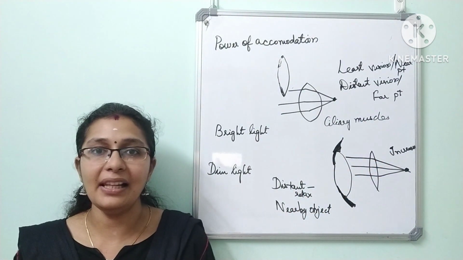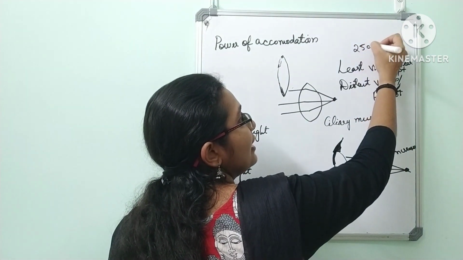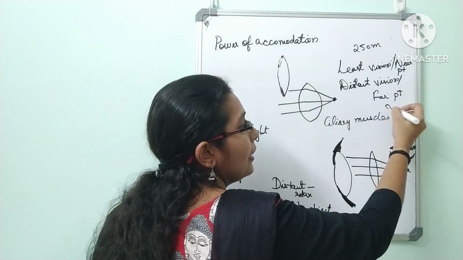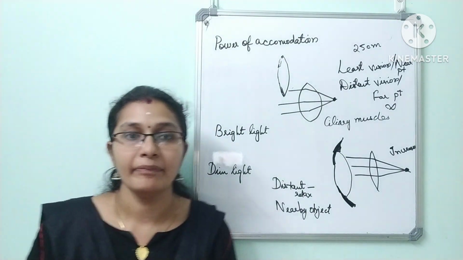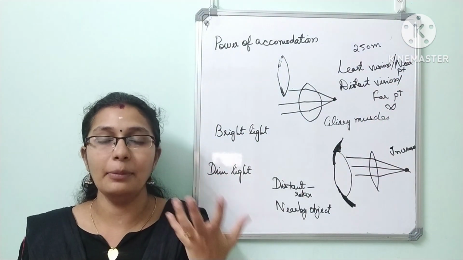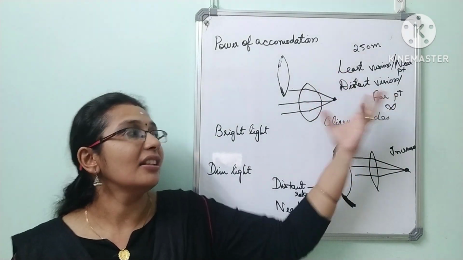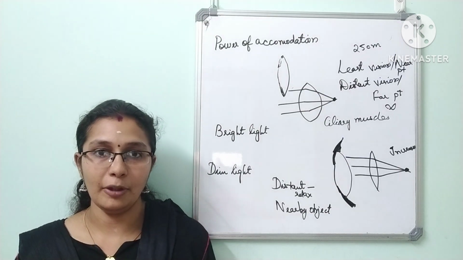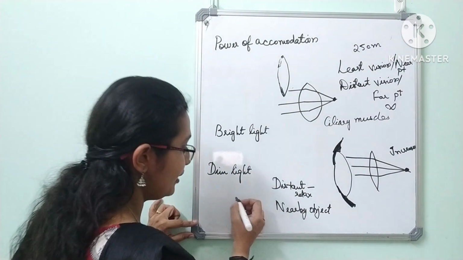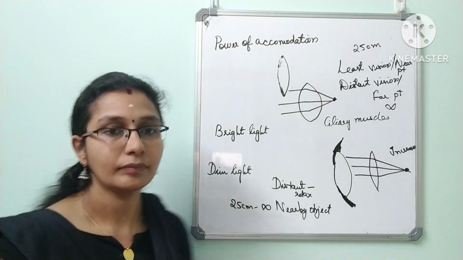So for a normal eye, okay, the near point is about 25 centimeter and the far point is about infinity. That is, infinity means we are able to see objects at long distances, right? So that is nothing but the far point and near point. So the normal vision range is 25 centimeter to infinity.